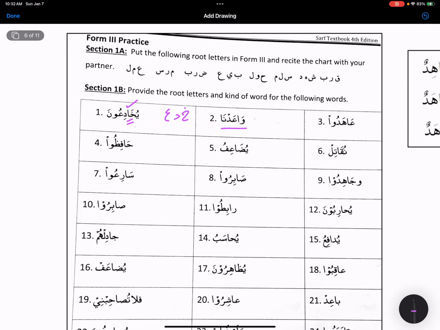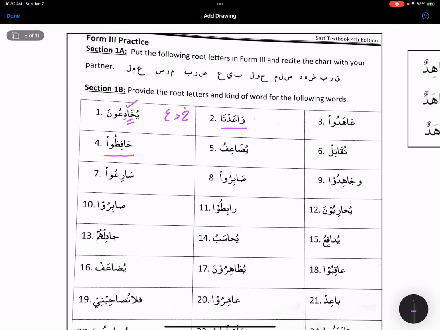We need to check our fa'il. See, very confidently we are saying fa'il is nahnu, fa'il is hum, but when it comes to translation, the fa'il is someone else. Yeah, they promised, right? So when we are saying the fa'il is this, we need to stick to the fa'il then. Subhanallah.